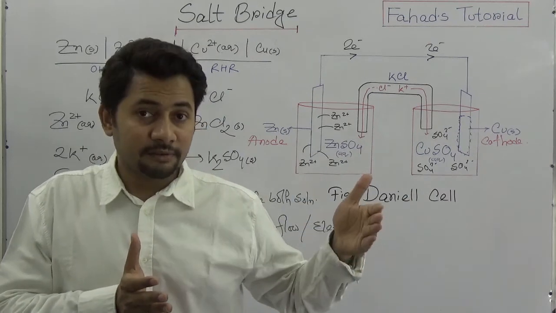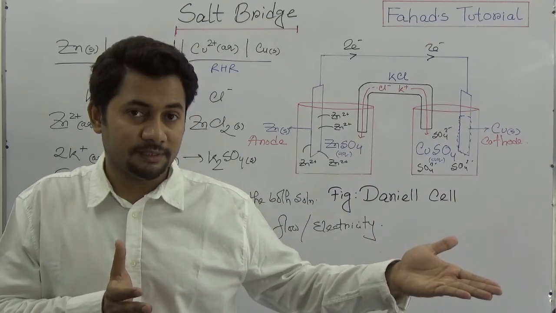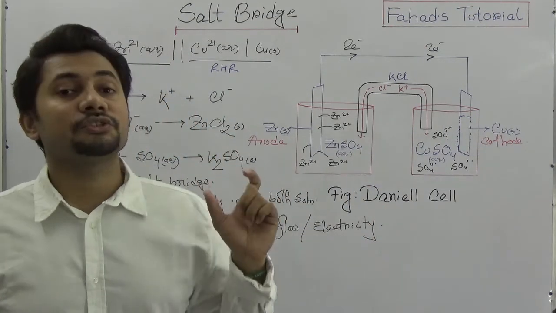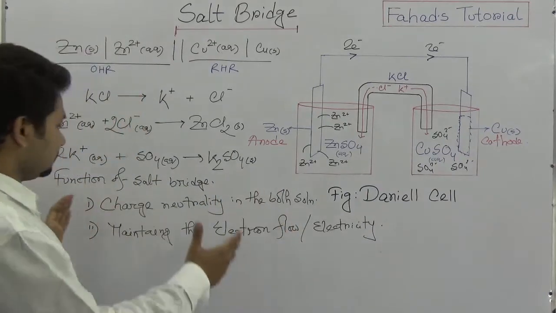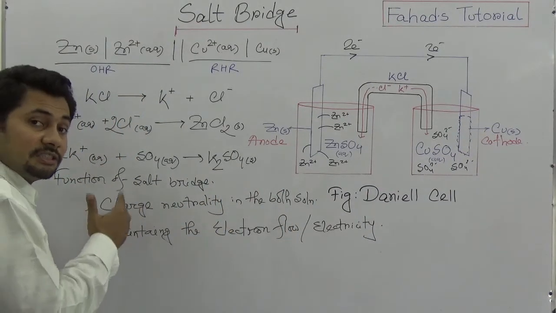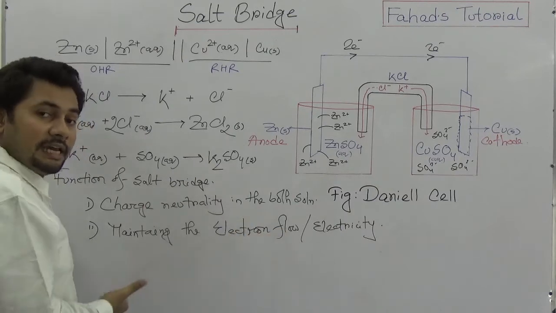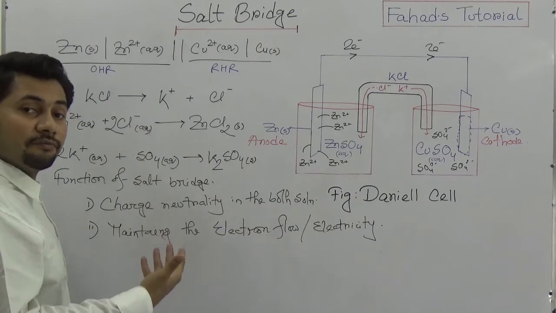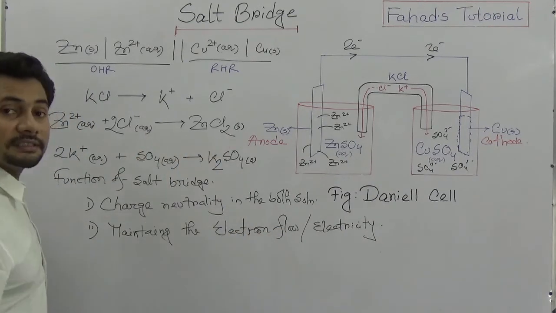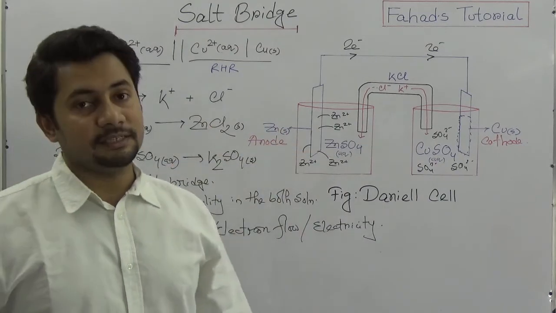If it is sodium chloride, then it will form sodium sulfate. That is why the salt bridge is used. It's used mainly for charge neutrality in both solutions and maintaining the electron flow in the cell, as it is an electrochemical cell.